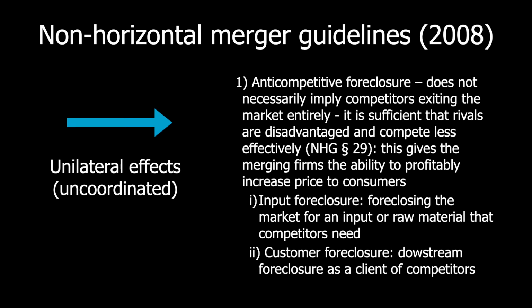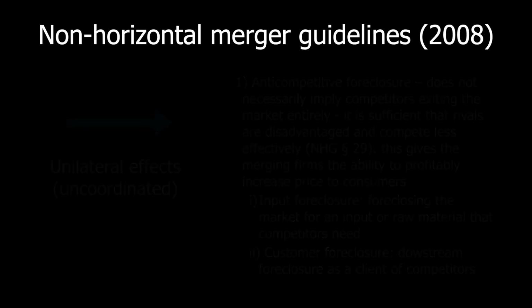In the first one, we find cases where the concentration may lead to competitors of the new vertically integrated firm being deprived of access to an input that they require in order to compete in the downstream market. In the second scenario, there is the risk of exclusion of competitors due to practices that benefit the production of the new vertically integrated firm.